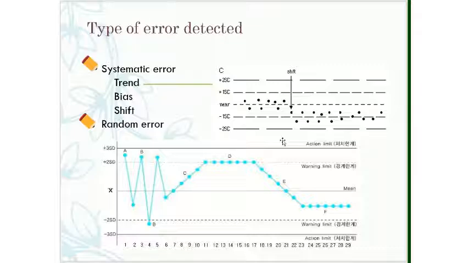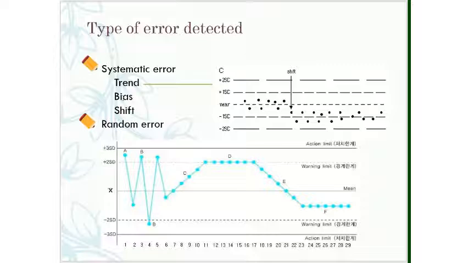So, for systematic error, the change in control value is constant with predictable magnitude. If we see the trend error, it shows gradual increase or gradual decrease in magnitude of the QC on the same side of the section, either positive side or negative side, and may eventually go out of the limit.